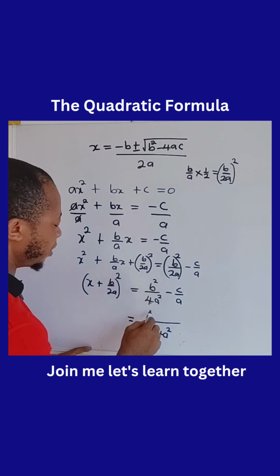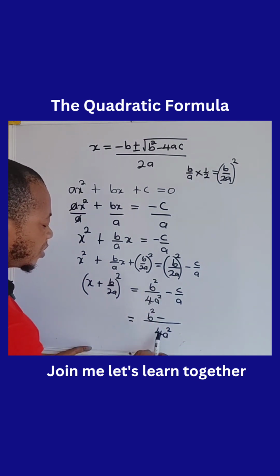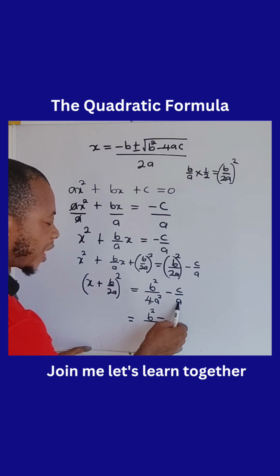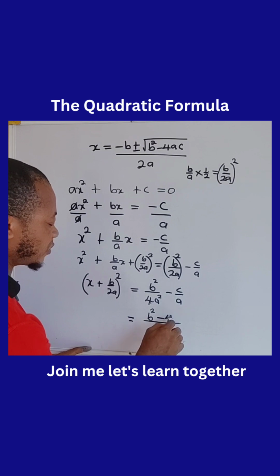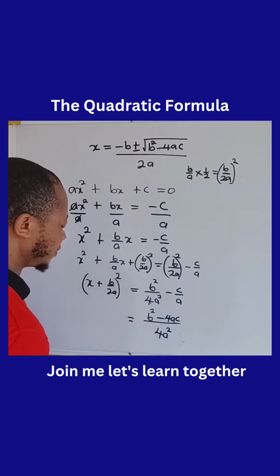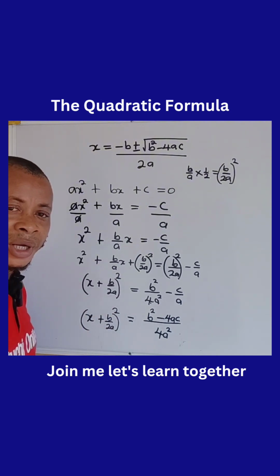Then 1 multiplied b squared will give us b squared, okay, minus 4a squared will be divided by a to give us 4a. 4a multiplied c will give us 4ac. Then let's bring down x plus b over 2a in bracket all squared, okay?